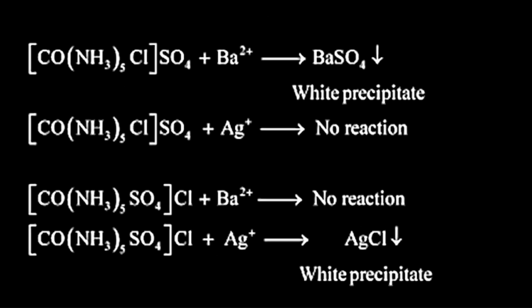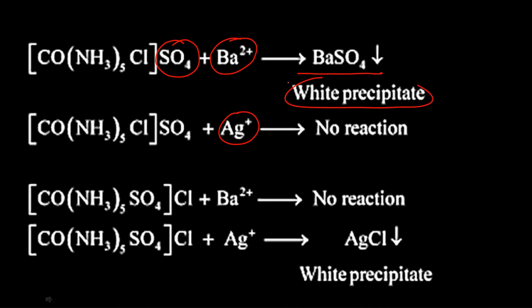So here it is written Ba2 plus and Ag plus. However, you can write it like this also. So Ba2 plus with SO4 2 minus will give you BaSO4 white precipitate, and Cl, if it is outside, with AgNO3, Ag plus will give you AgCl, which is again white precipitate.